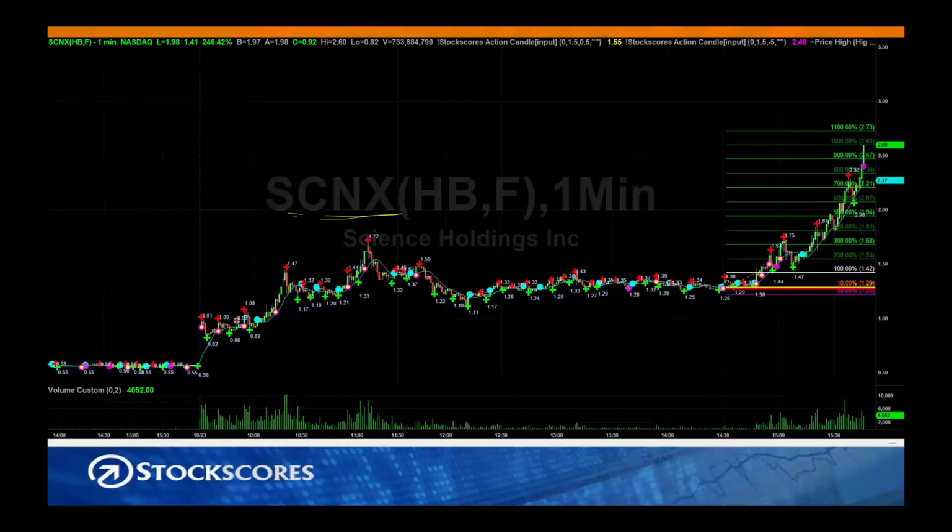And here's SCNX again, and here's the afternoon run. See, there's a little pink and yellow dot there from low volatility on a stock that was quite abnormal today, and that was at $1.42. This ran into the close up to 9 times risk. So at the close, it was up +9.